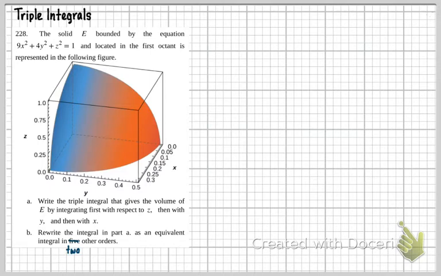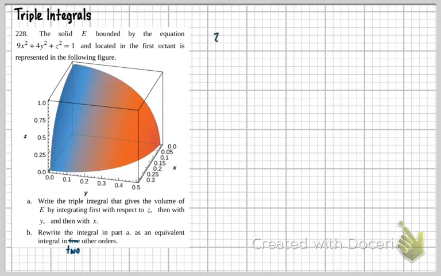So we have the 0, and then we have this equation right here that it goes up to. It's going to go up to that equation for the entire region in xy. So we're going to solve this equation for z.